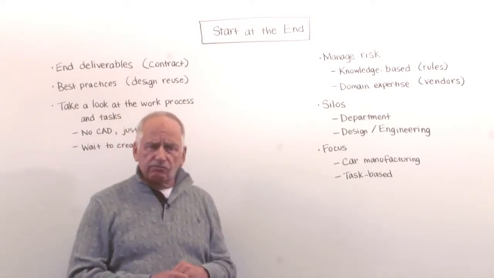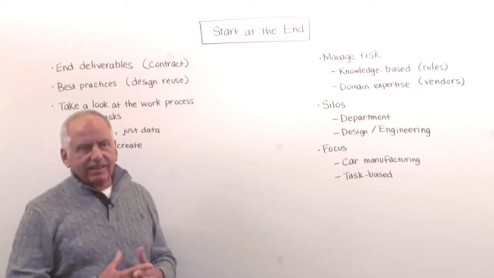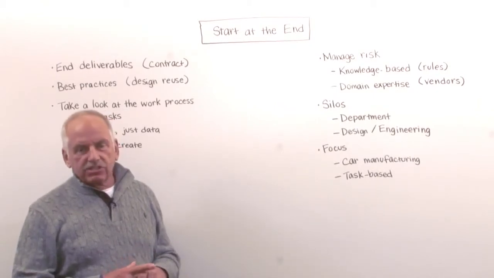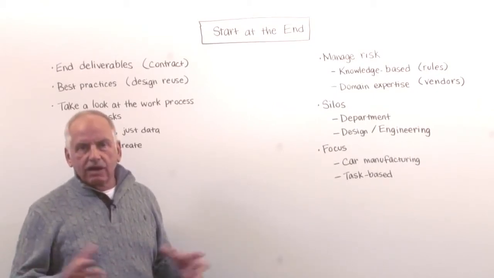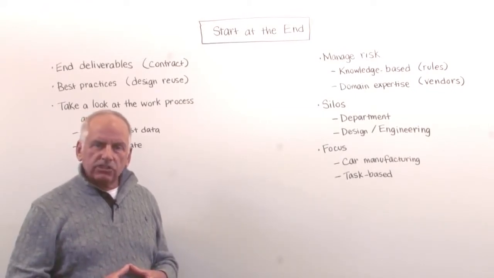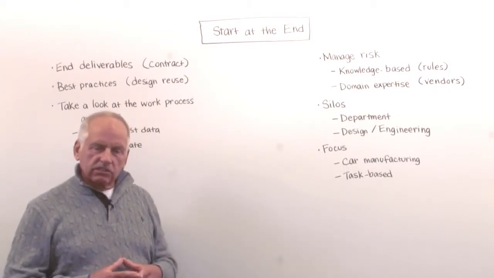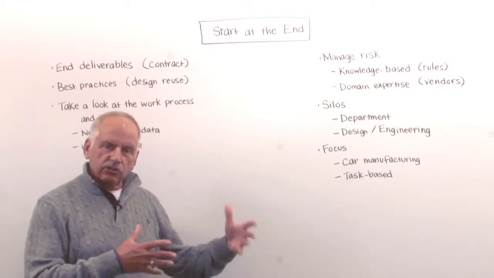Now the last thing is focus. I have a car manufacturing story, and I know that we are not in car manufacturing, but I was at a car manufacturing plant because I'm fascinated by that whole process of how they put these cars together. You have, of course, this line where they put the parts in for the car.